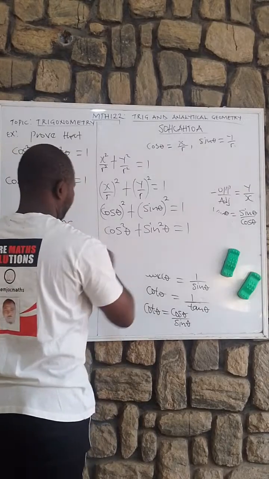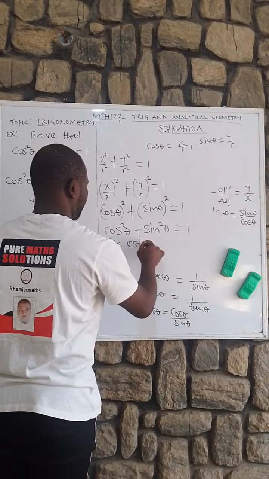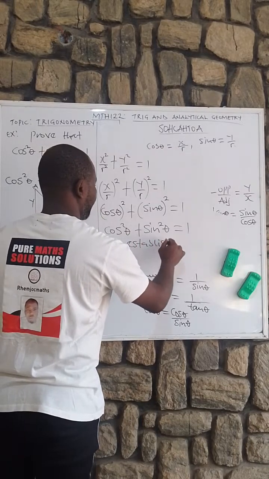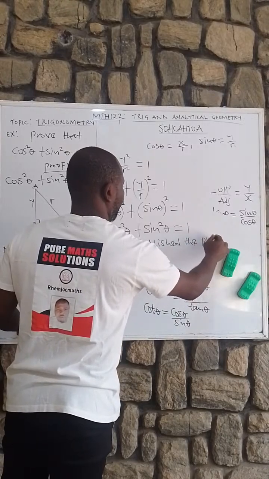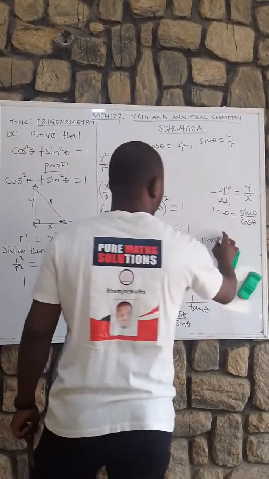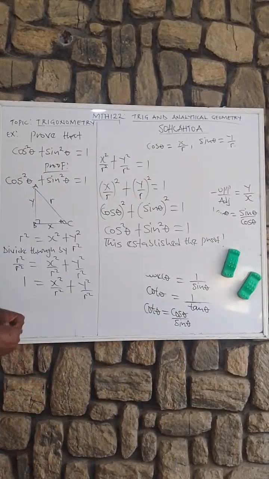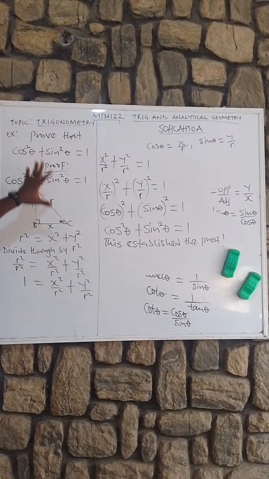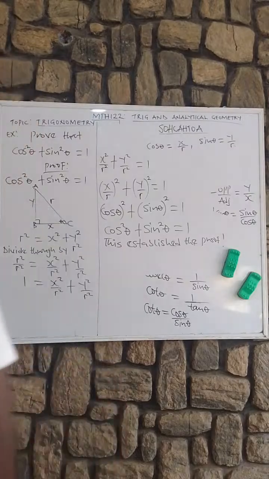This established the proof. Can you see now? They want us to prove to have this, so with this, you can prove to have this. Any question before we proceed? Do you have any question?